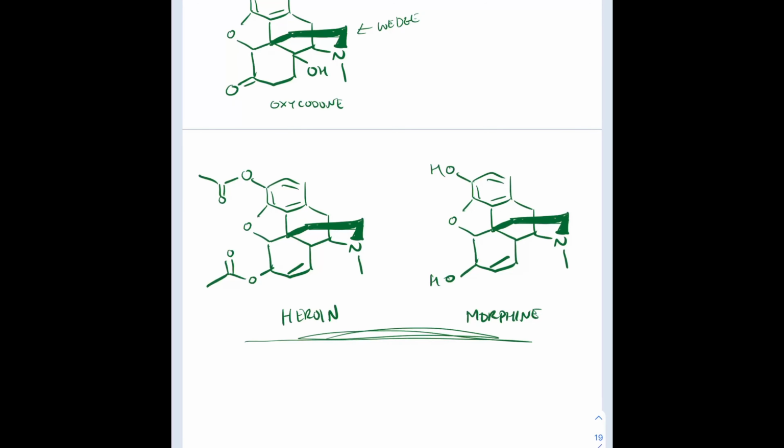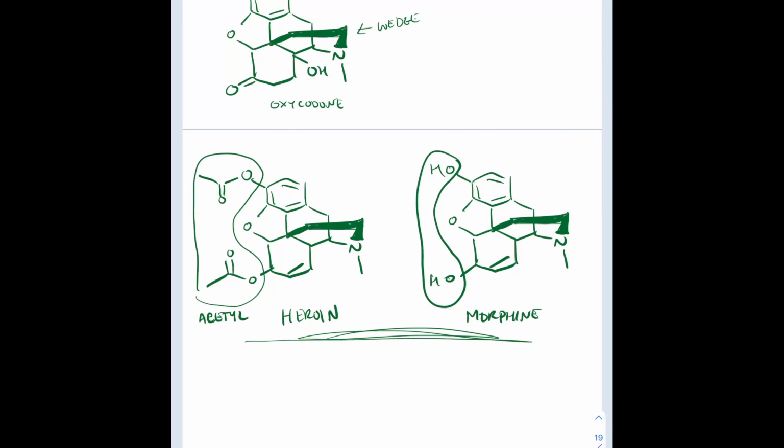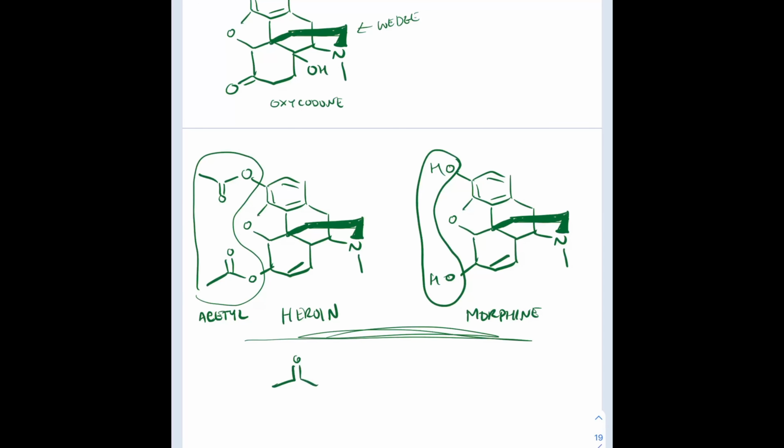All right, so look at the two structures here. These are extremely similar. The only difference here is that this is an acetyl group, and over here we've got these OHs, the hydroxyls, and that's the only difference between morphine and heroin. This can actually be converted from morphine to heroin with something called acetic anhydride.